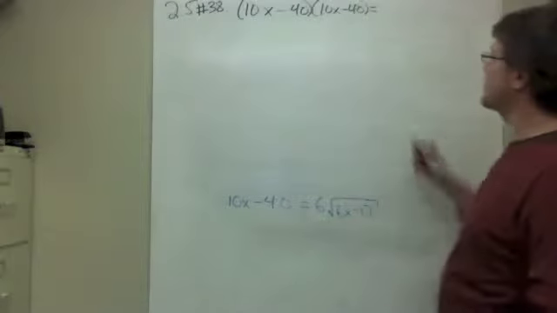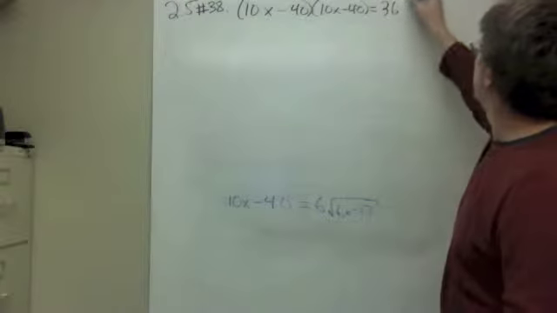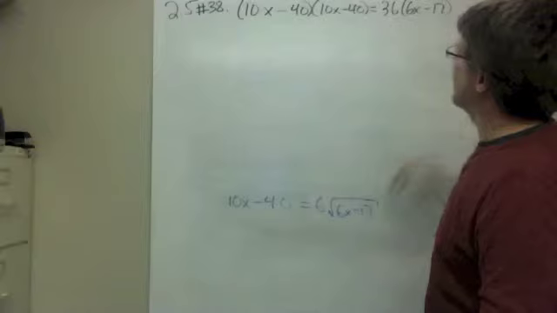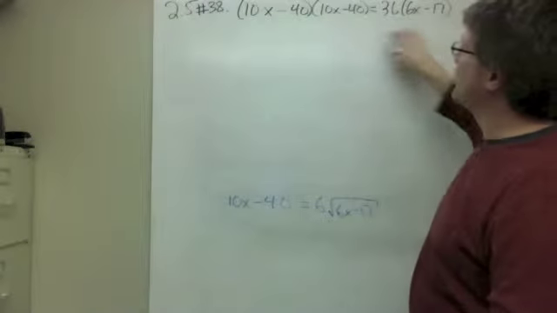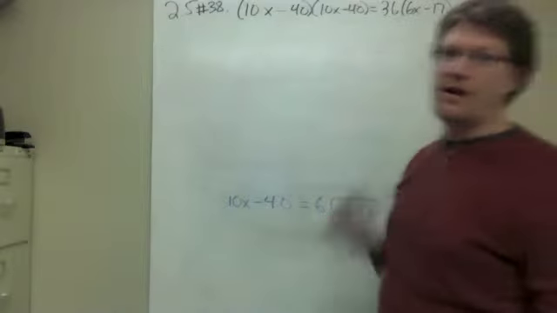On the right-hand side, I'm going to get 6 squared. 6 squared is 36. And the square of my root, so I'm going to get 6x minus 17. Okay? I've squared this side, I've squared this side.